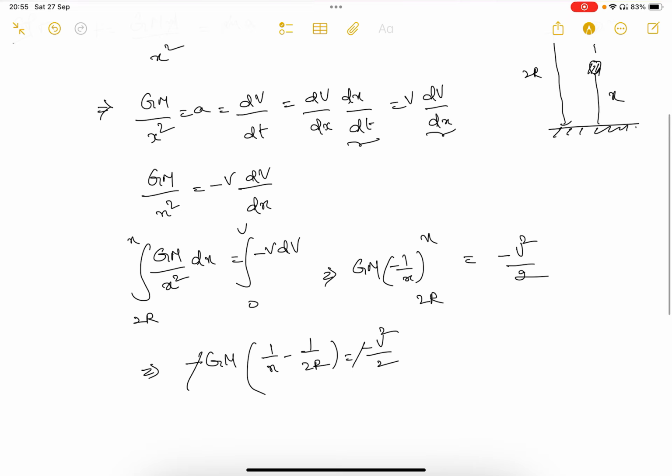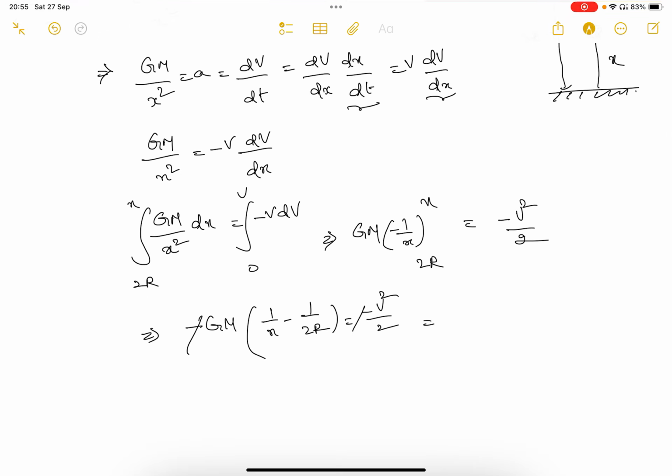This minus will get cancelled, and you can multiply 2 on both sides. Then GM into 2 by x minus 1 by r is equal to v square.